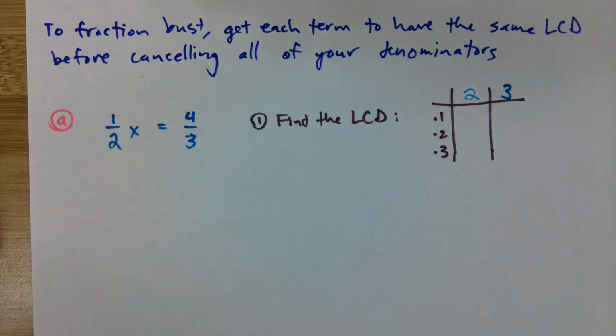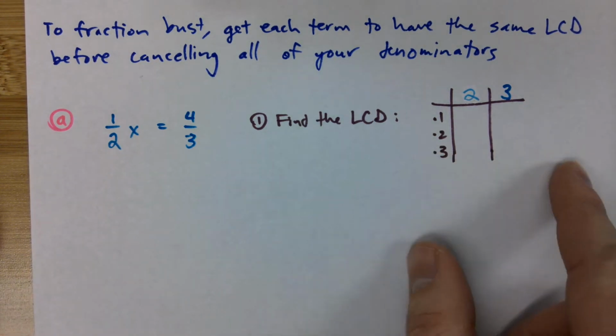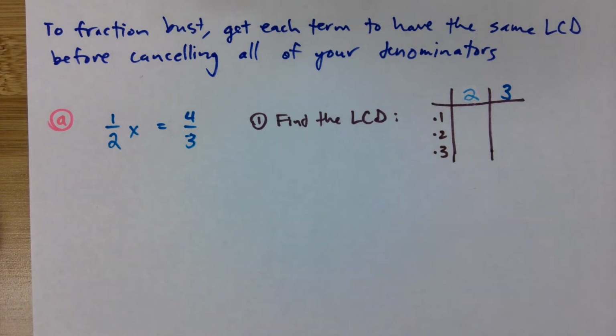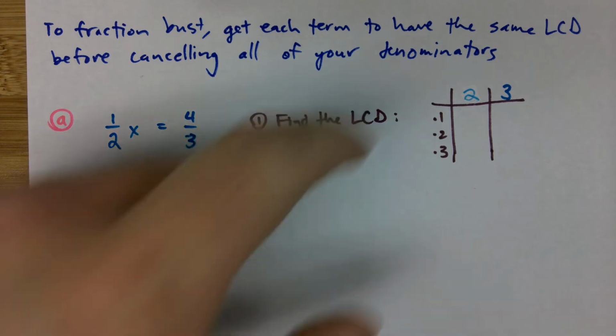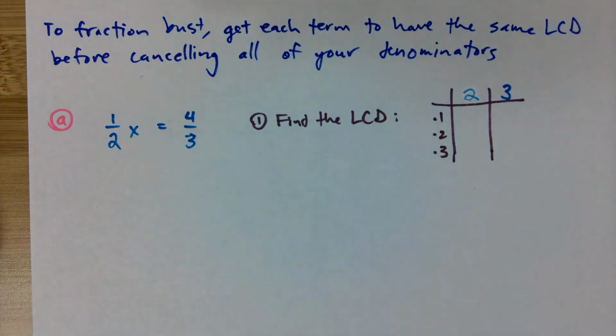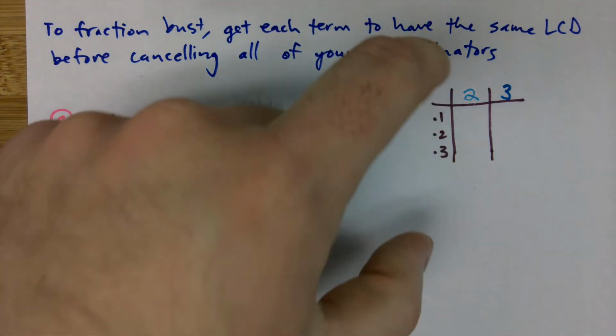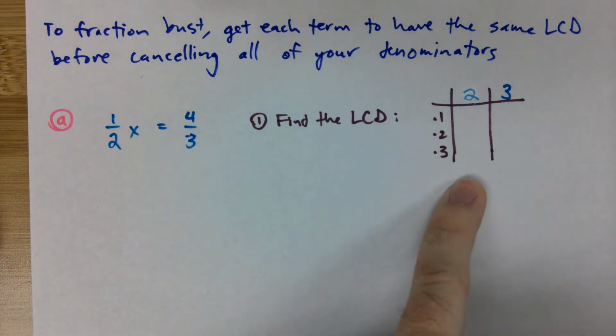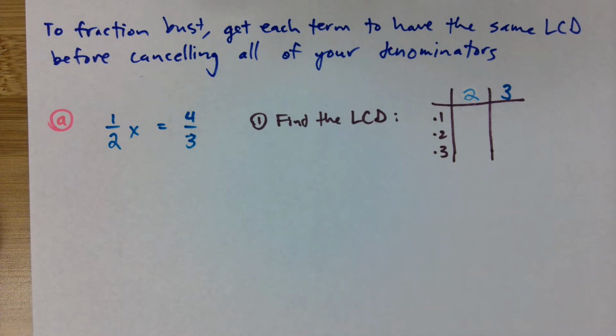That's fine. If you do, you do not have to do this LCD table. This table is only for students who maybe need a little bit more help starting and getting the LCD done. So if you are not really remembering a whole lot from last year, that's okay. That's why we have this table to help us out. And it really helps everyone as we're getting started. But once you get more comfortable, if you can find the LCD just by looking, then you don't have to do all this with the table. But let's go ahead and do it.